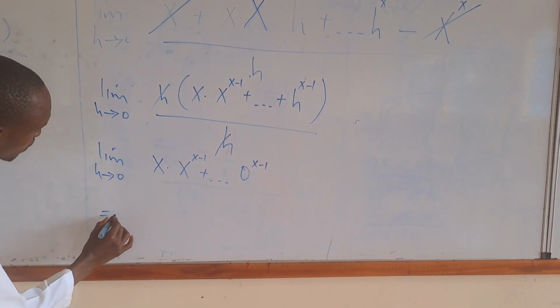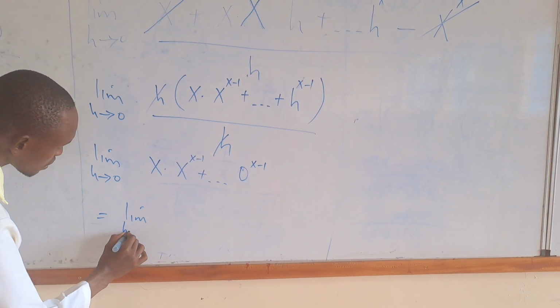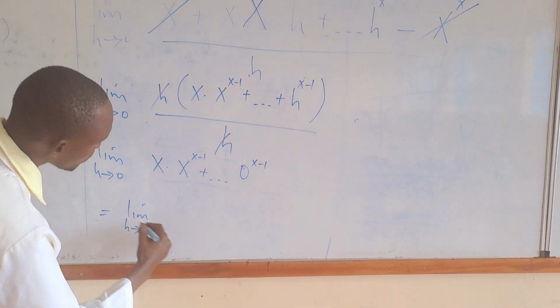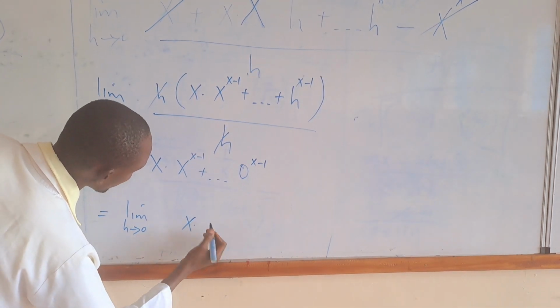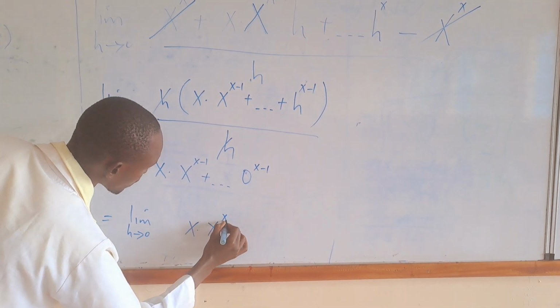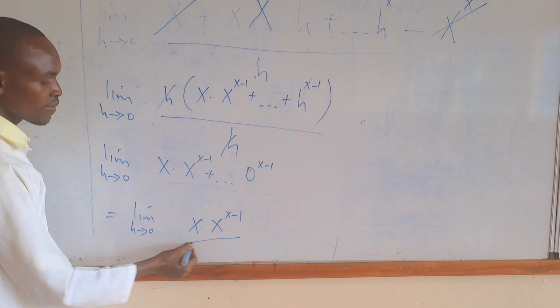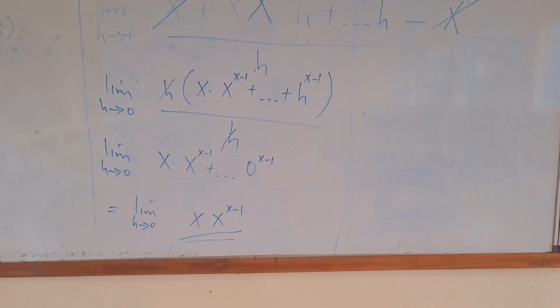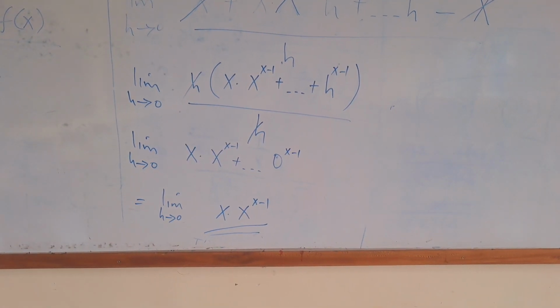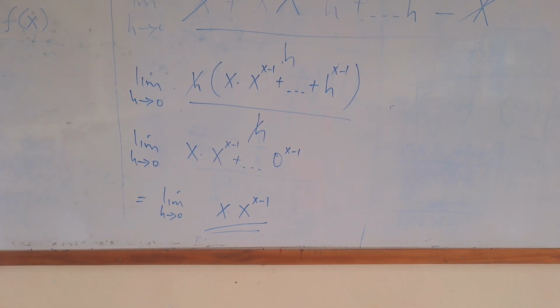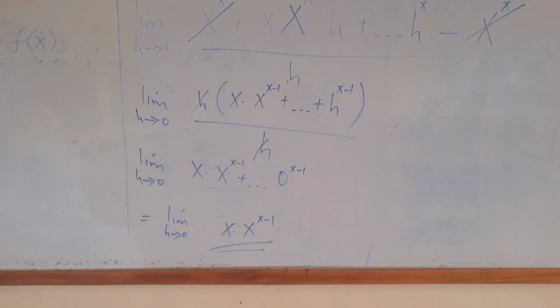So we have our answer for the limit as h tends to 0 of that function: x multiplied by x raised to power x minus 1. So this becomes our derivative using the first principle of derivative, and that is how simple it becomes.